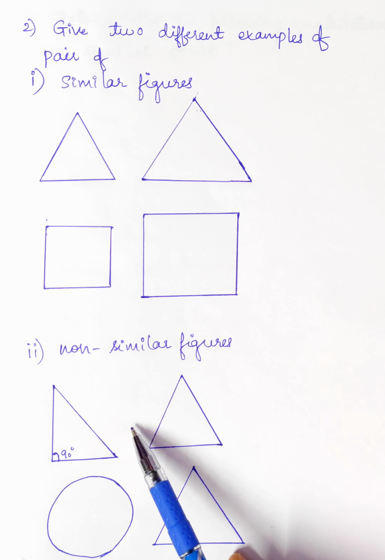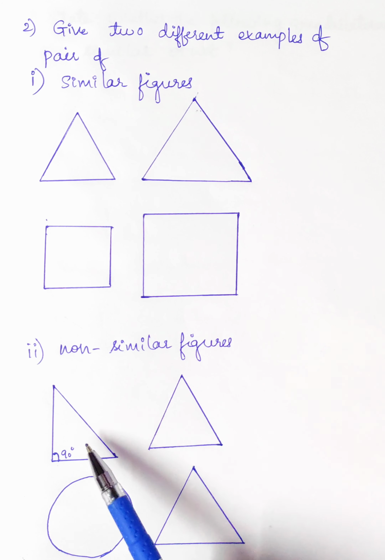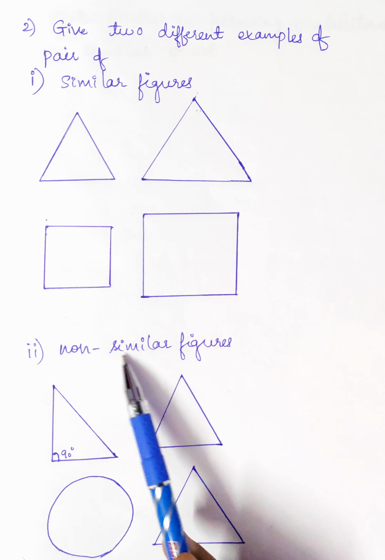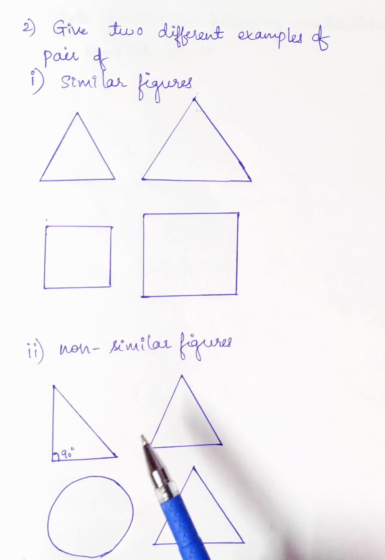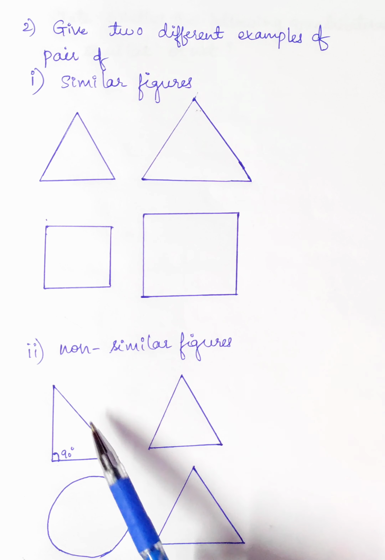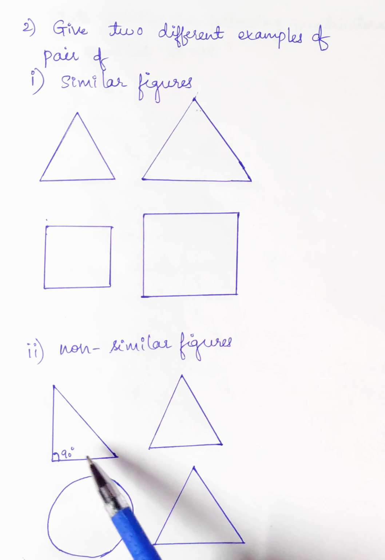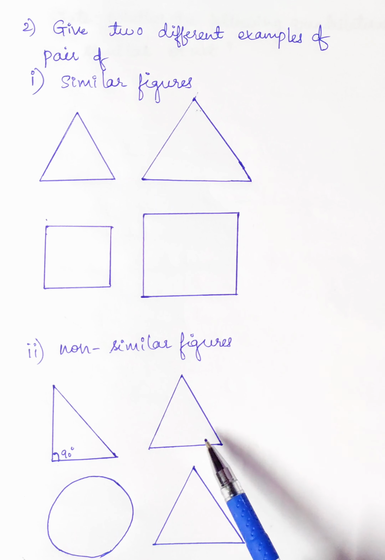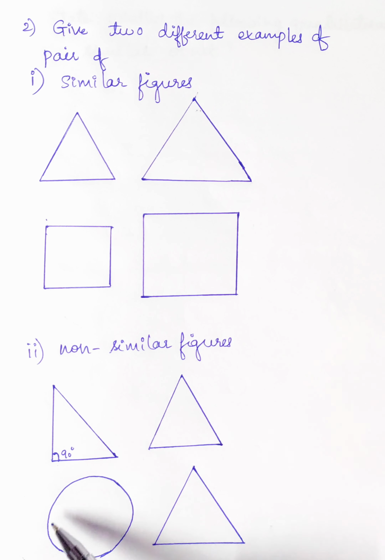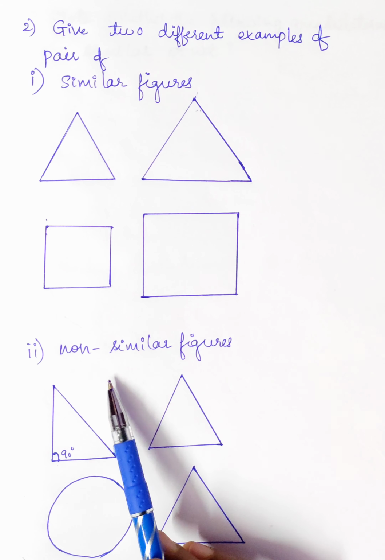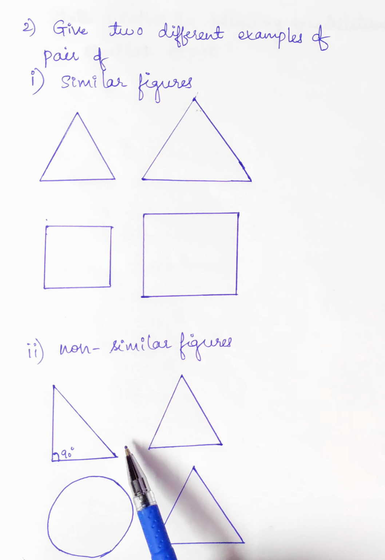To look they will be completely different. Such figures are non-similar figures. I have taken the example of a right angle triangle, where one angle is 90 degrees, and a triangle. Similarly, circle and triangle. If you see here, circle and triangle look different, so no same shape or same size. Such figures are called non-similar figures.